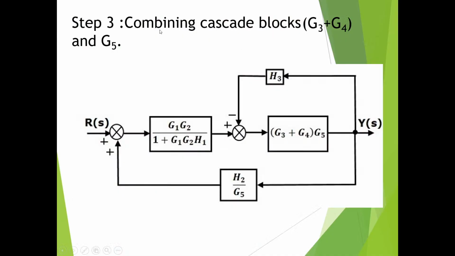So this is it. Combining cascade blocks means you have to multiply the gain values. So I have multiplied the gain values G3, G4 and G5. This is what I have got.